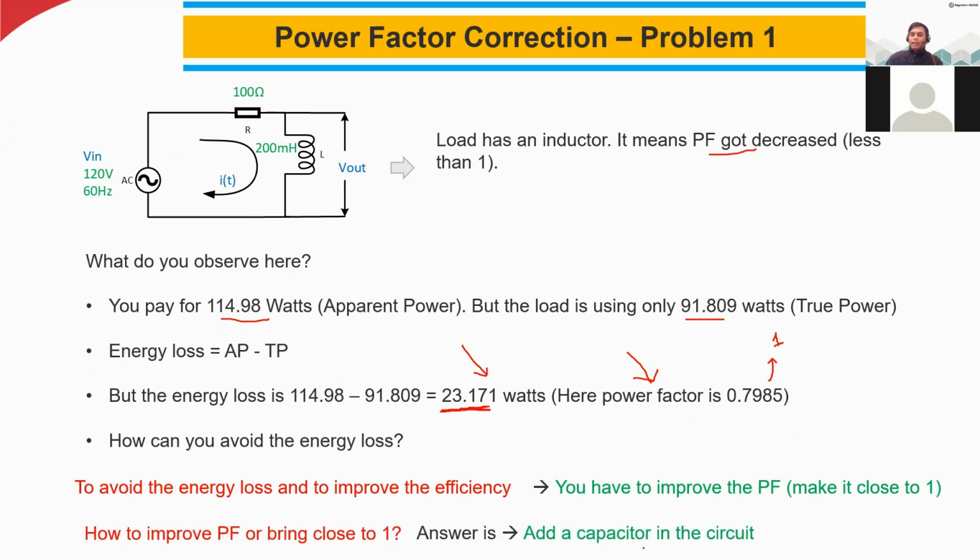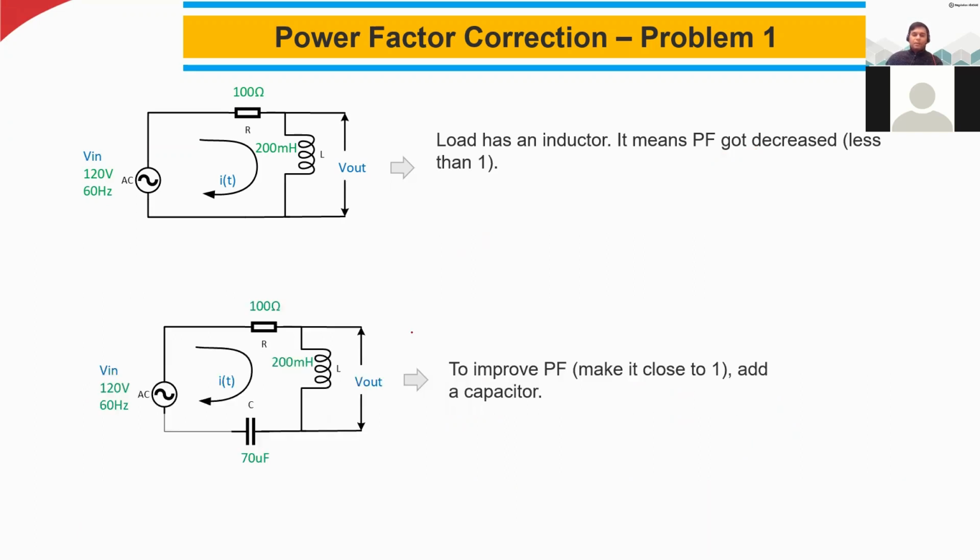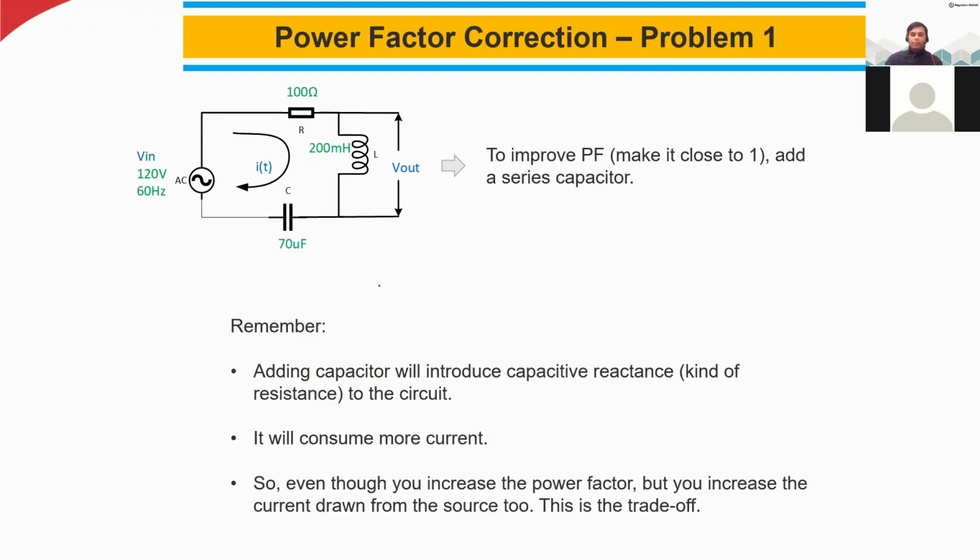You have to add a capacitor in the circuit. In this example, I am adding a capacitor, and I assume 70 microfarad. Of course, you also have some formulas and methods to identify the capacitor value. So I have added the capacitor with 70 microfarad to improve the power factor. Before we go into the problem, you can see here, adding a capacitor will introduce new capacitive reactance to the circuit.